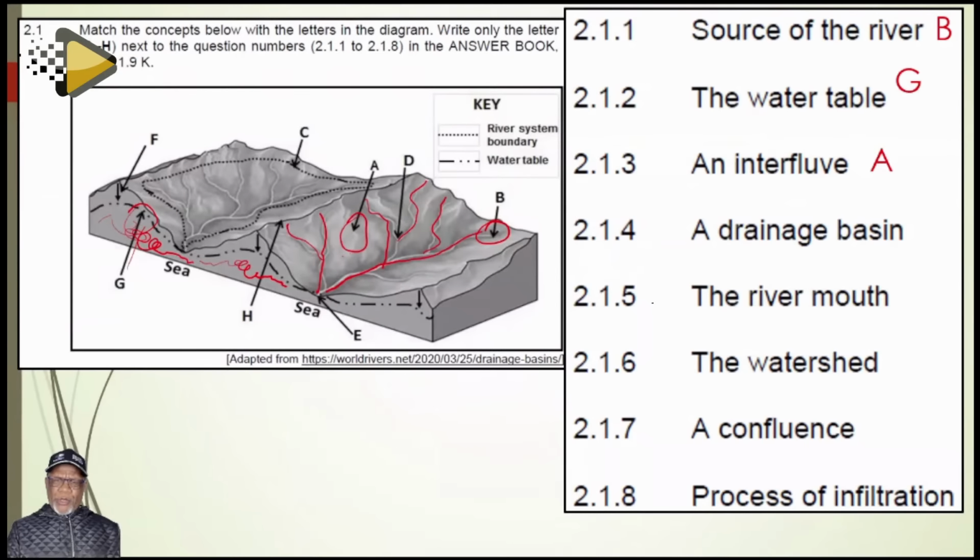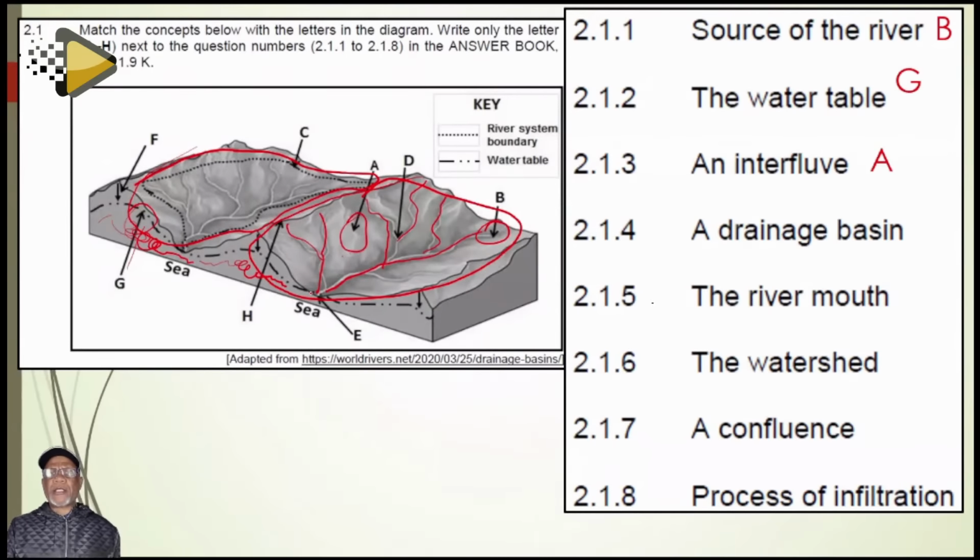Then what do we have here? We have this drainage basin, this side, and we have another drainage basin this side, which is indicated by these dotted lines there. So this is a drainage basin and another drainage basin. You need to be able to define what a drainage basin is.